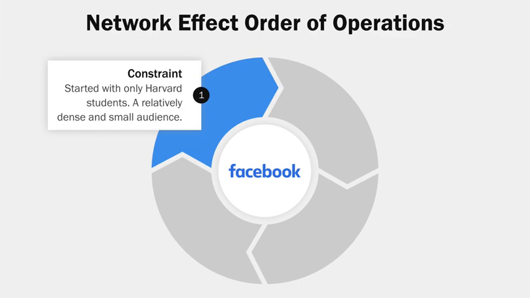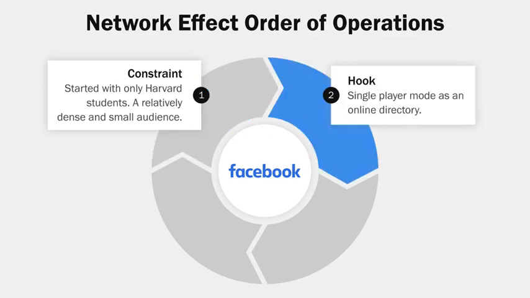So once again, to get that liquidity in the network effect, they're tightly constraining the audience to just a few thousand people that are locally dense as well. The second thing was finding a hook to get them onto the product, and that was single player mode as an online directory, the first core value prop of the product.